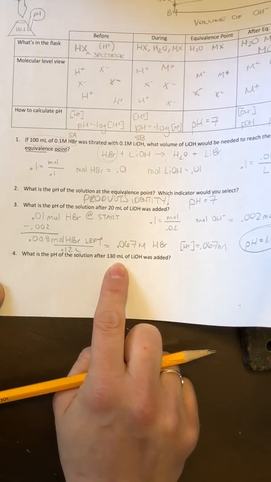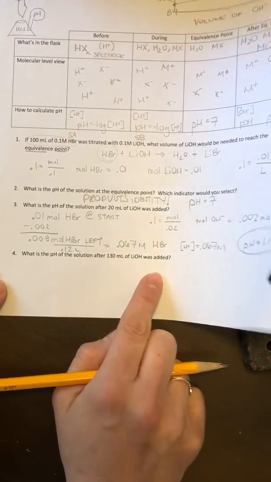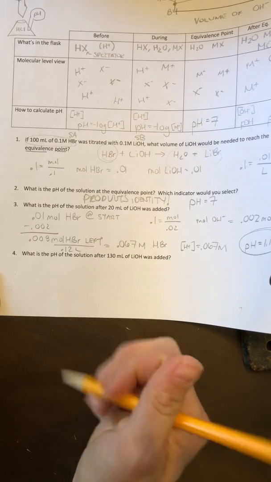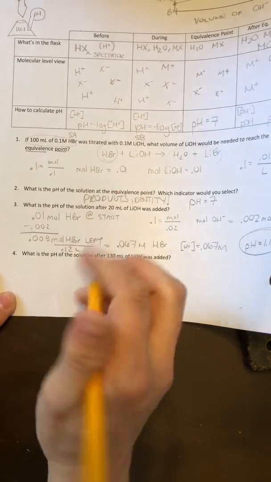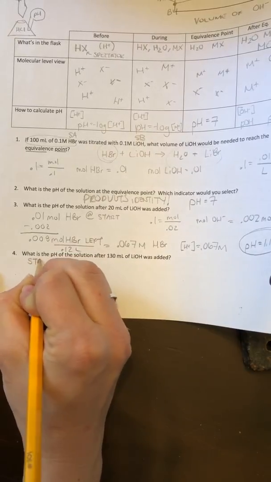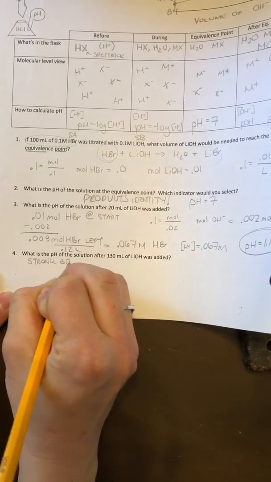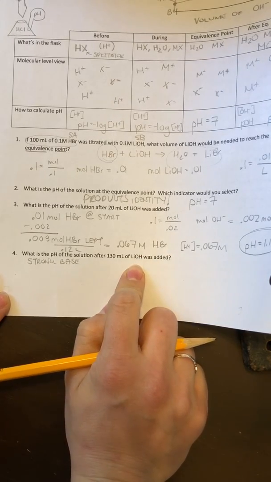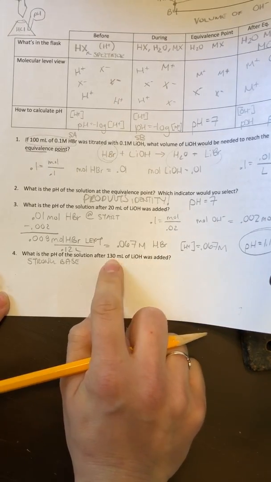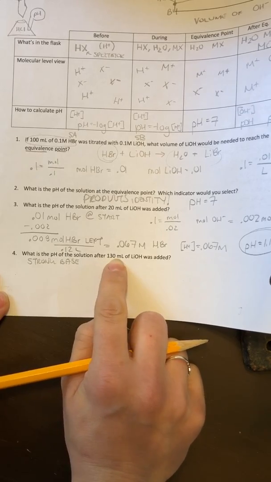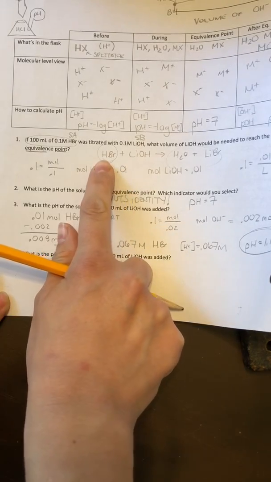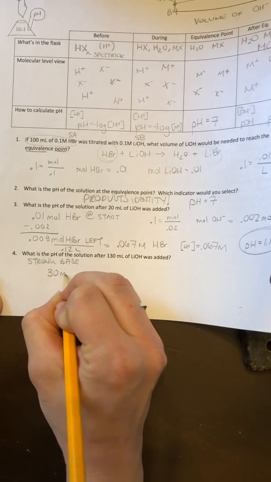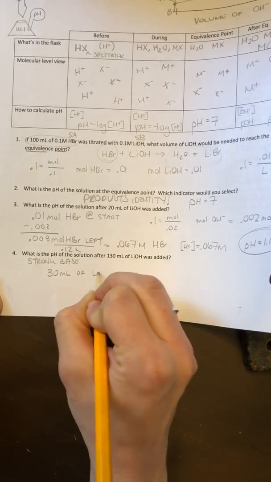Okay, this is beyond the equivalence point. So we have extra base and all of our acid is gone. So we have a strong base solution. We have to figure out how much extra lithium hydroxide was added. If 100 milliliters of it was neutralized by the acid, that means 30 milliliters is extra.